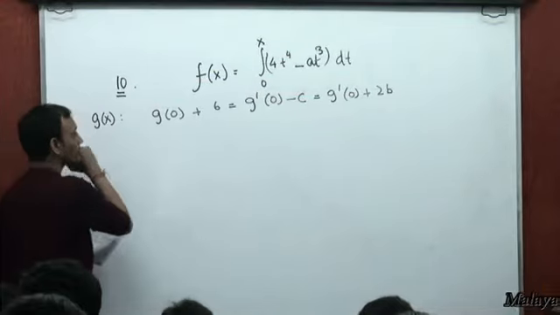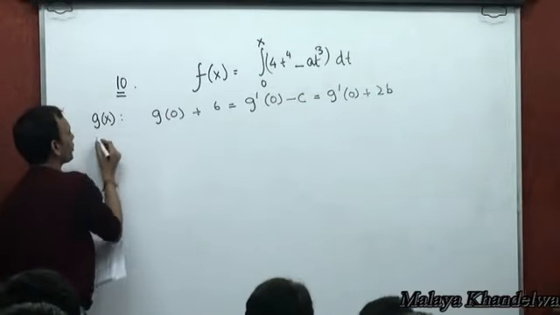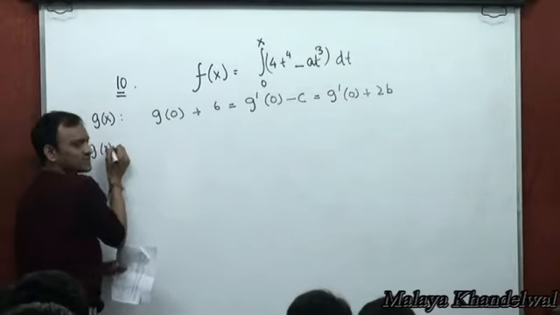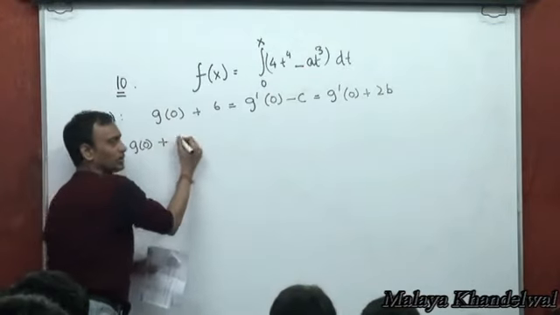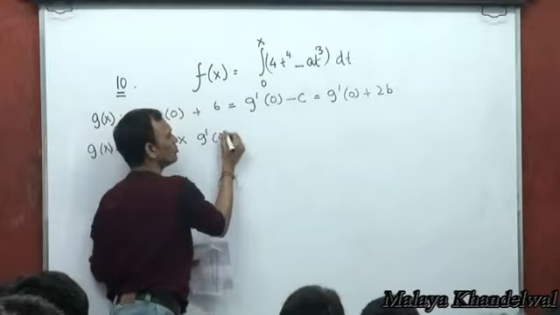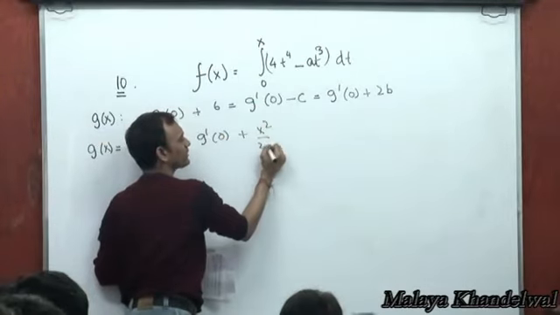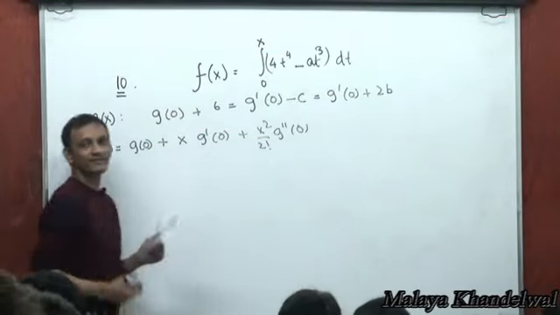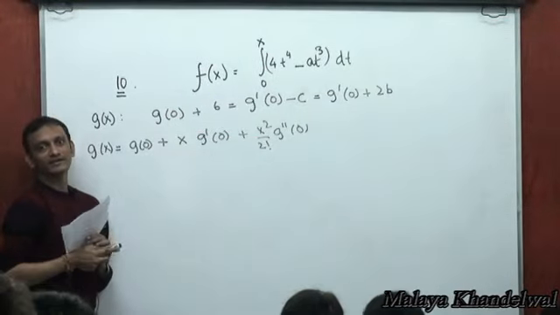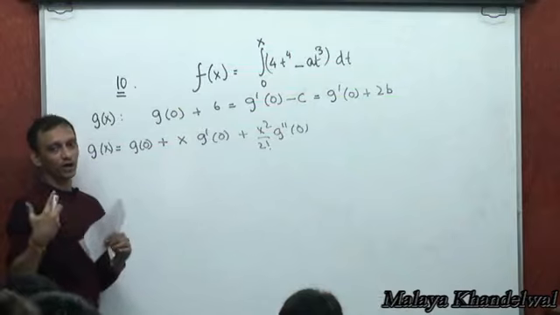Very clearly, g(x) is a quadratic polynomial. Any quadratic polynomial, you realize, can be written as g(0) plus x g dash 0 plus x square by 2 factorial g double dash 0. We buy this argument first. The a, b, c in a quadratic polynomial are these only.